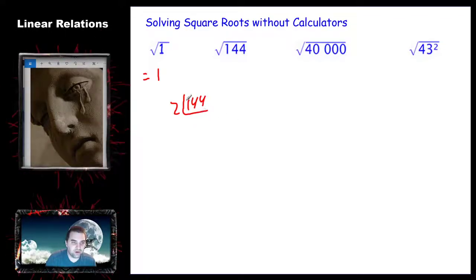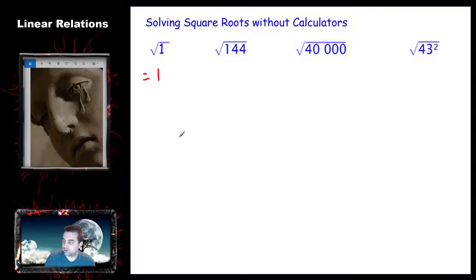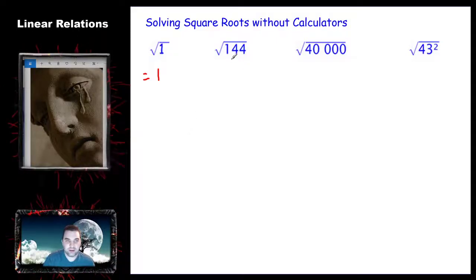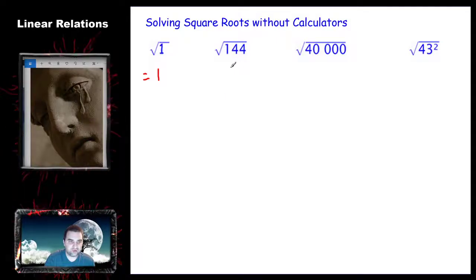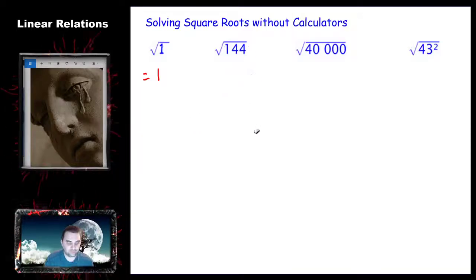And what we're going to find in the end is we'll have 2 times 2 times 3 times 2 times 2 times 3. But this is really just a square that is easy enough to memorize. It's just 12. You should remember some of those from those charts that you had before when we were learning squares. 12 times 12 is 144.